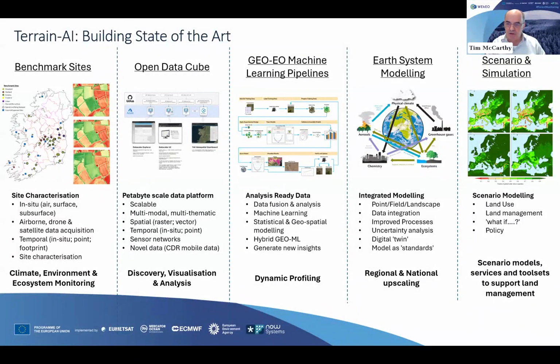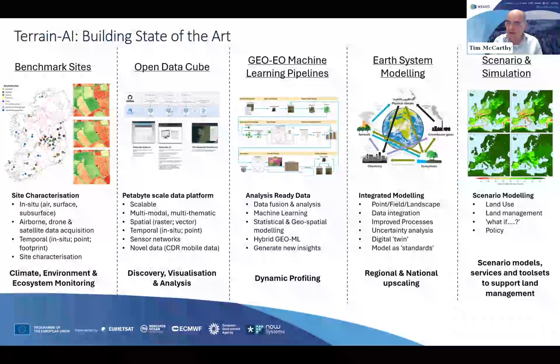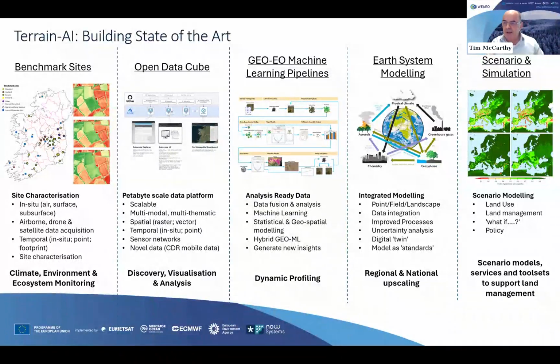We use the data cube quite a lot here to be able to work at national, regional scale, but also to go down to plot level when we're talking about forestry, fields, or farms. And you'll see there that we bring in ML here. Again, it's nothing fancy, but just to assist us in both the analysis and also working into those higher level modeling pieces. And I'll hand back to you there, Rowan, on that one.